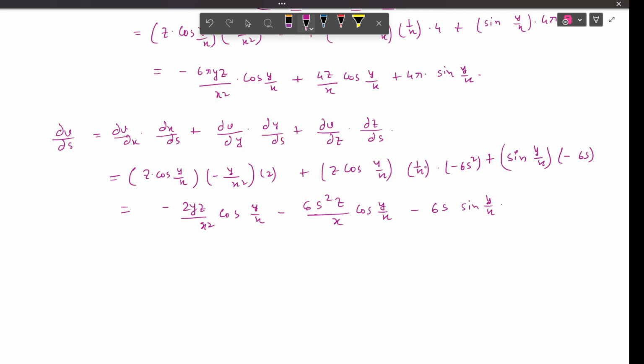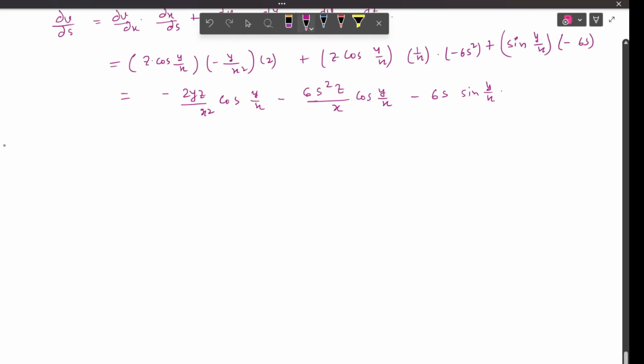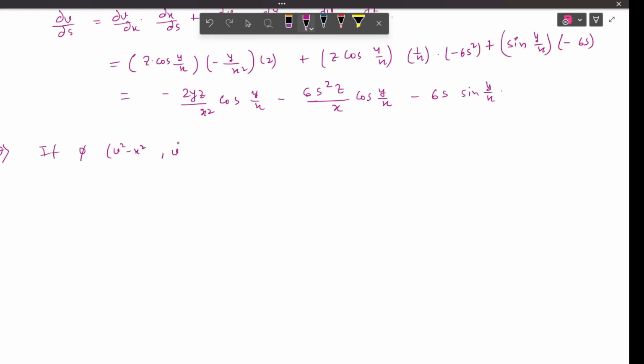Now let us see another question. If phi of v square minus x square, v square minus y square, v square minus z square is 0, where v is a function of x, y, z, it's given.